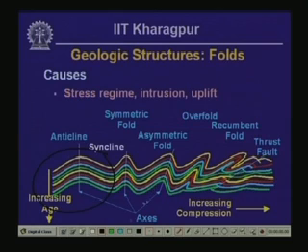For instance, the fold shown here is an asymmetric fold. You can see that the dip of the left limb of the fold is much gentler compared to the right limb, and when the compression increases further, the different units come even closer together and we get an overfold, which is further to the right, and finally the fold completely closes, and that situation is given the name recumbent fold.